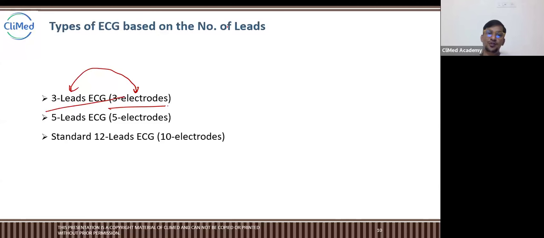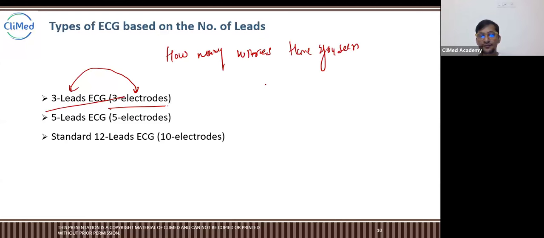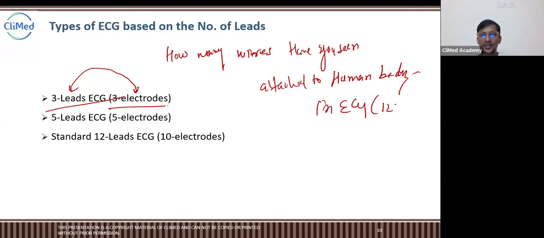My next question to all of you is, how many wires, I'll write in very layman language, have you seen attached to the human body in 12 lead ECG?